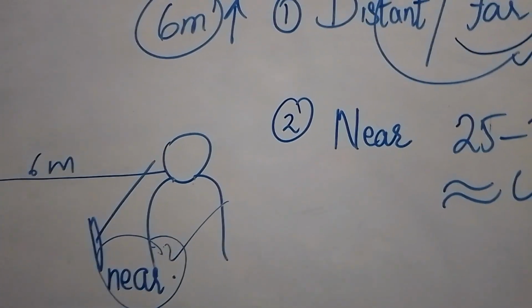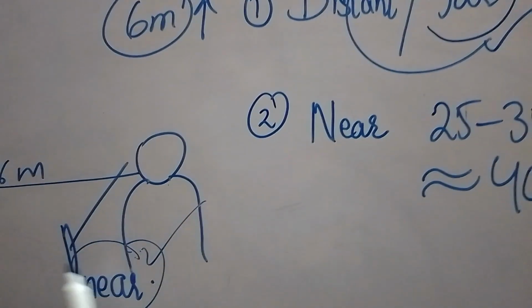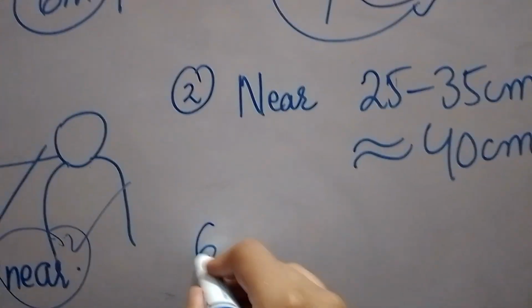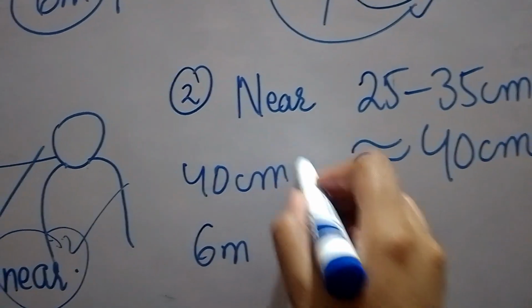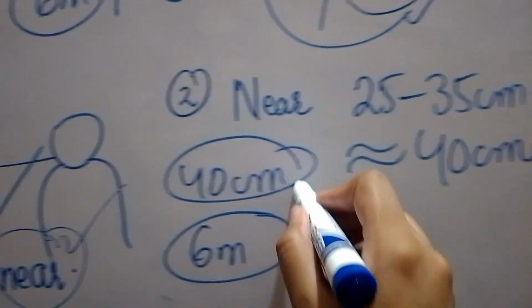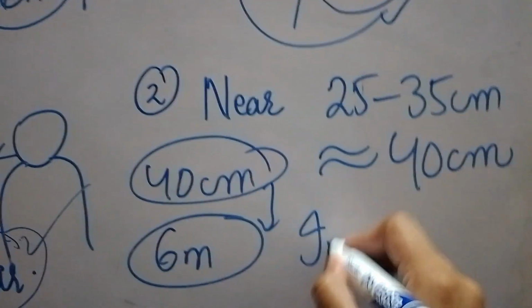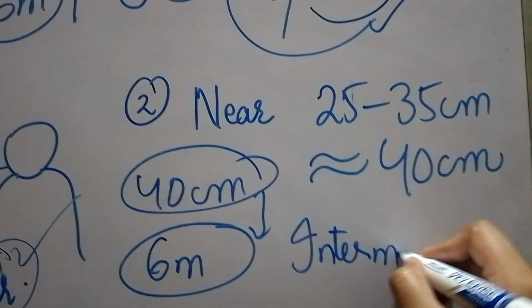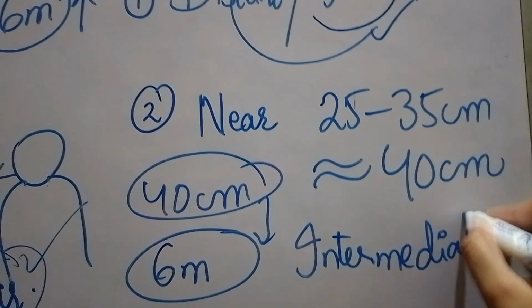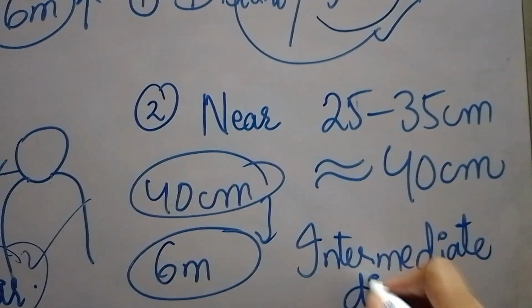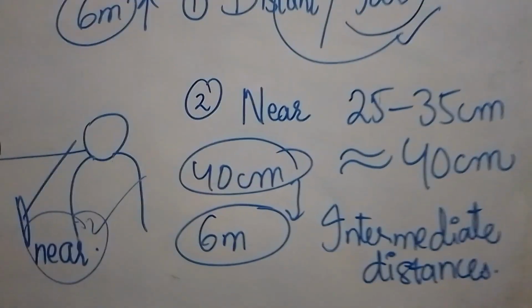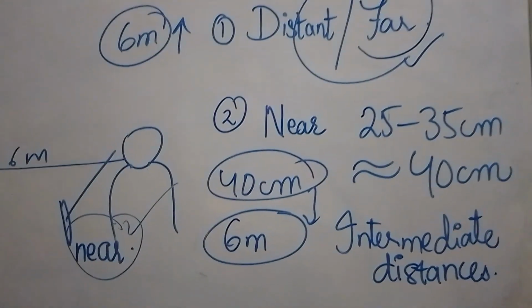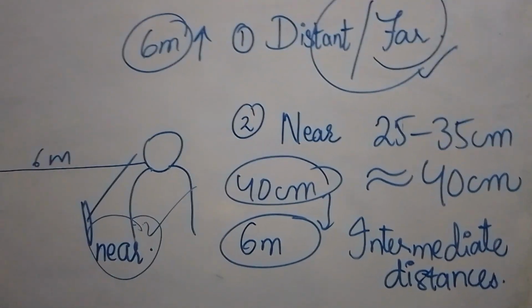But in between 6 meters and 40 centimeters, there is one more distance, which is the intermediate distance. So we have three basic distances, and at all these three distances our eye power is different.